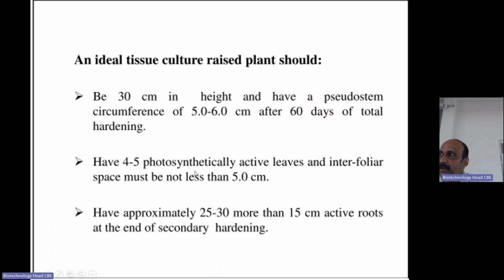It needs to have 4 or 5 active leaves, and the interfoliar space must not be less than 5 centimeter, and approximately 25 to 30 centimeter height, with more than 50 centimeter of active roots. At the end of the secondary hardening cycle, it needs to have at least a good number of roots.